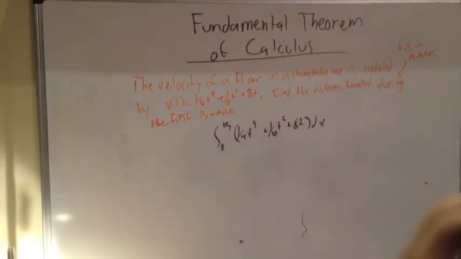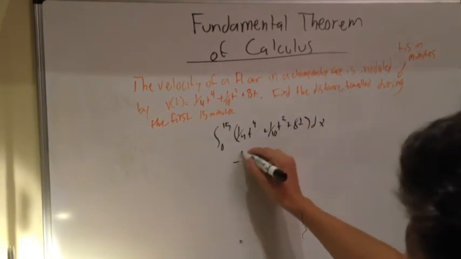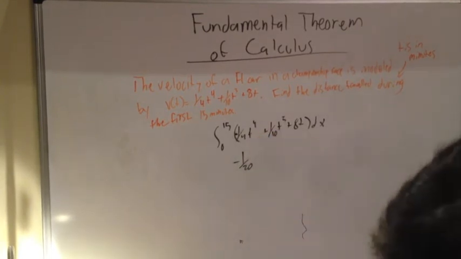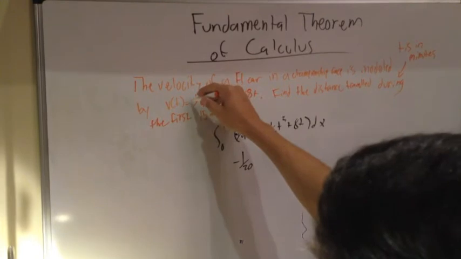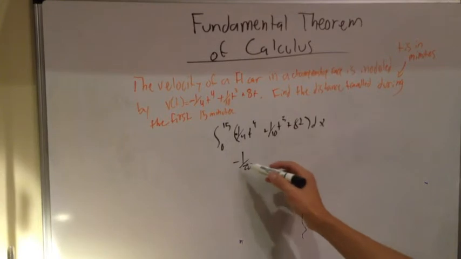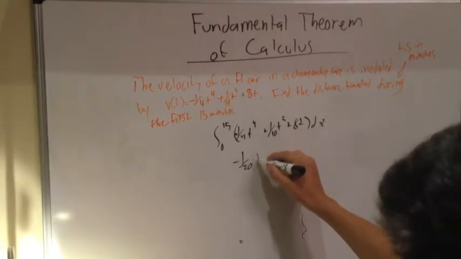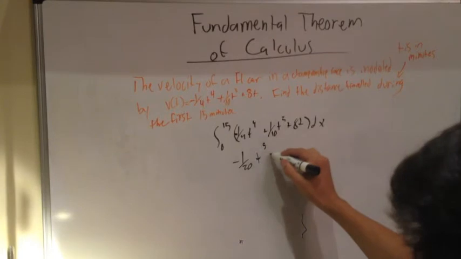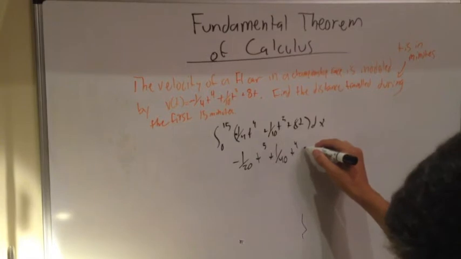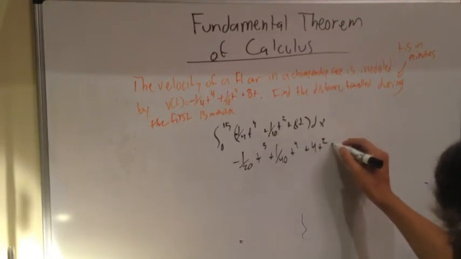from 0 to 15. As we already know, we need to find the antiderivative of the function. So the antiderivative would be negative 1/20 t to the power of 5 plus 1 over 40 t to the power of 4 plus 4t squared plus c.